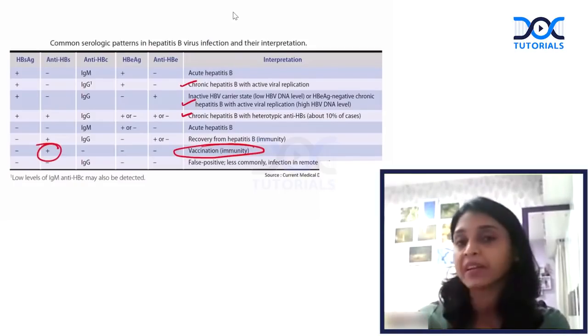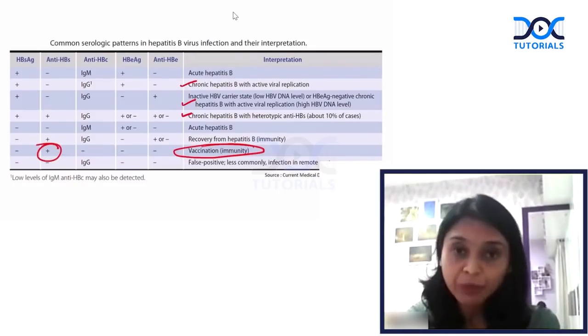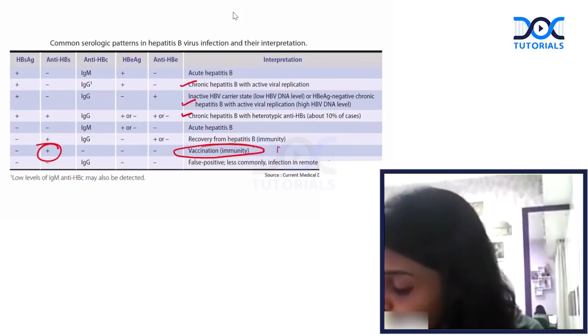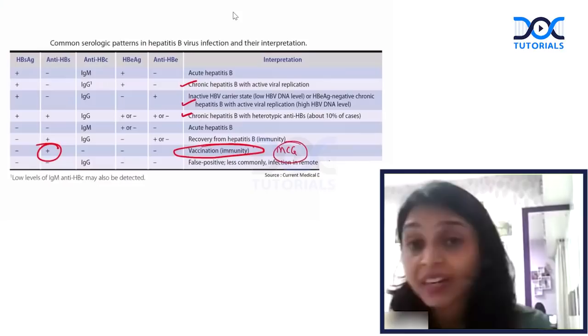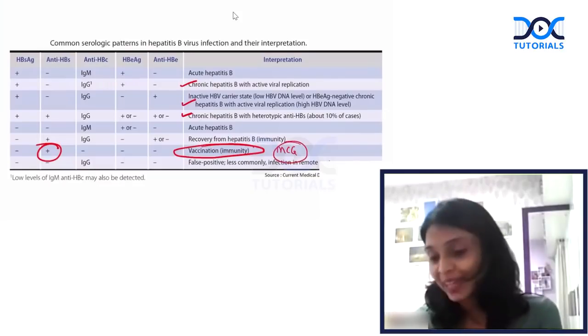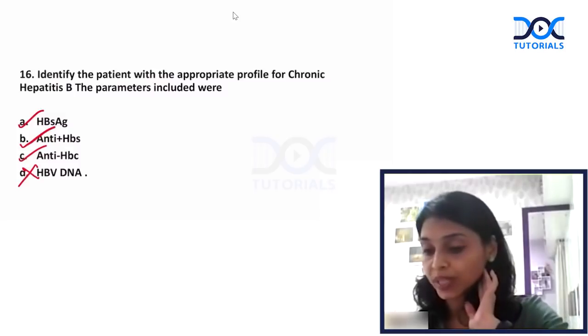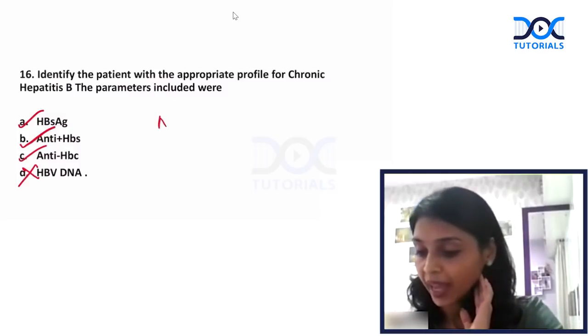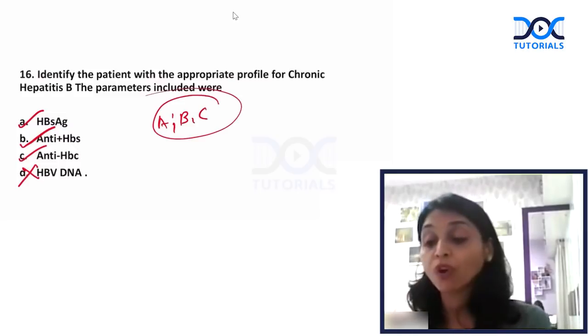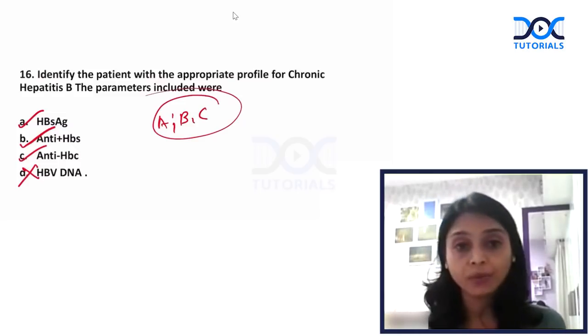That alone you will find in a person who is vaccinated with hepatitis B. This was a previous MCQ. Now they have started asking from the rest of the rows as well. So the answer A, B, and C all are correct. So the following will you find was the question.